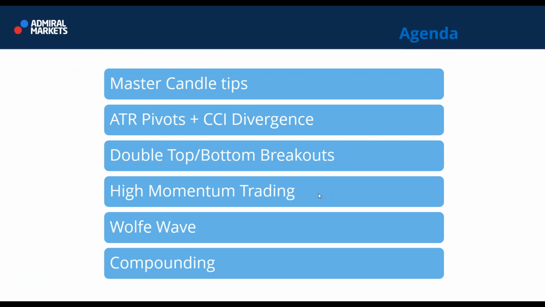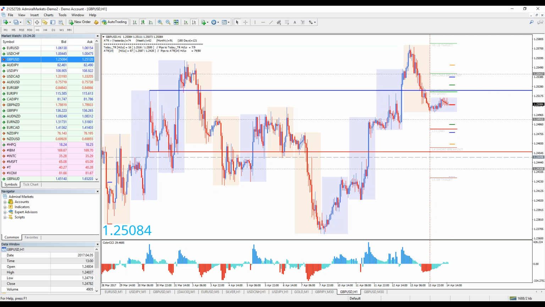Next thing is ATR pivots and CCI divergence. Guys, simple. I will not be theoretical about this. When is the time to make counter trend trading opportunities? For people who were watching my webinars, they all know that the best time is to go only with big levels.